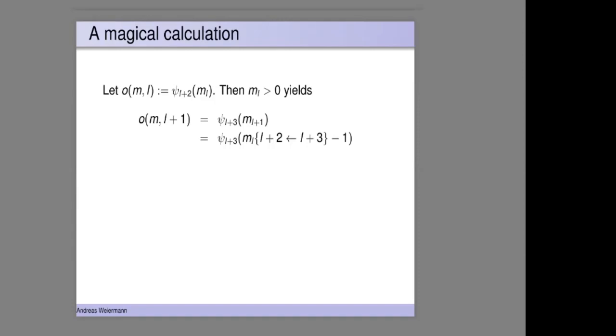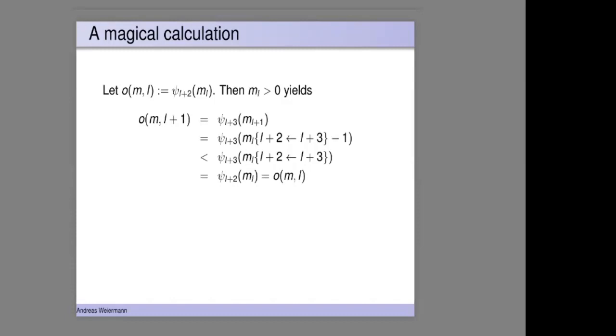Now the psi l plus 3 function is strictly monotone. So this is smaller than psi l plus 3 of ml, where we replace l plus 2 by l plus 3. Now using the property which I mentioned before, this is the same as psi l plus 2 of ml, and this is by definition equal to O of ml. So what does this mean?